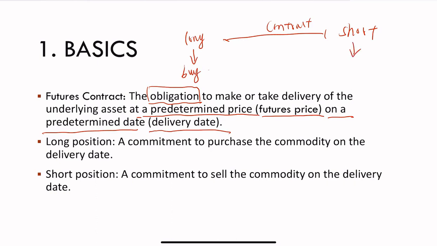And of course, if you're taking a short position, it means that you will commit to sell the underlying asset on the delivery date. Since both long and short positions imply obligation, you will commit to buy and commit to sell.